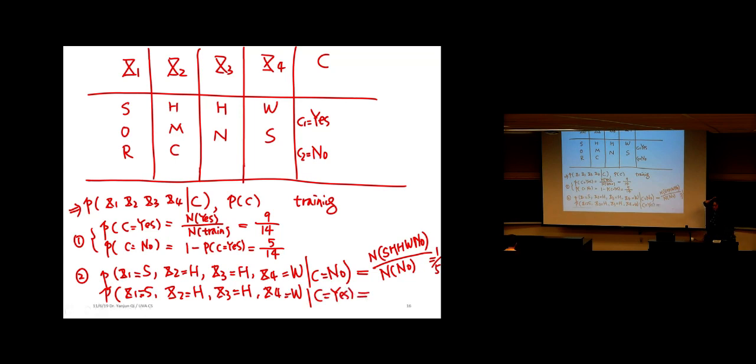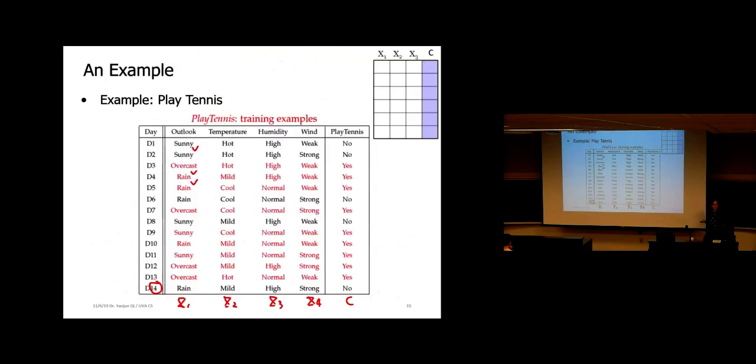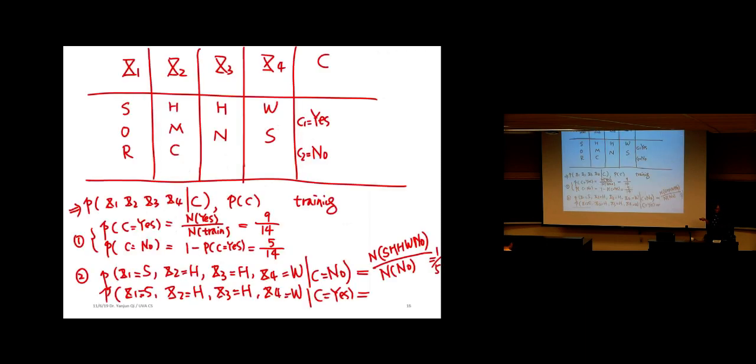What is this from the table? The same feature combination, but now conditioned on yes. Do we have SHHW in the yes cases? Actually no, we don't, which makes this calculation 0/9.